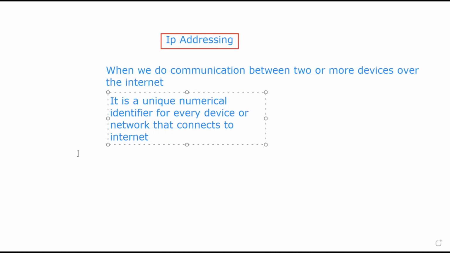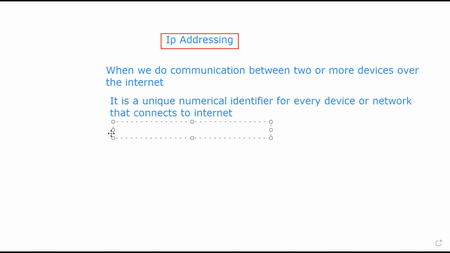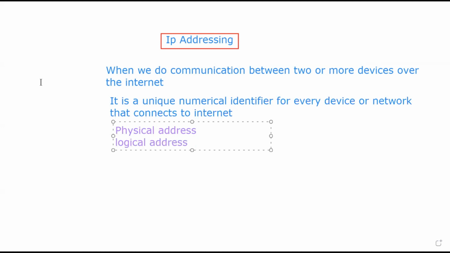So we have two addresses. First is the physical address. Second is the logical address, which is known as the IP address. Let me give you an example of a physical address.